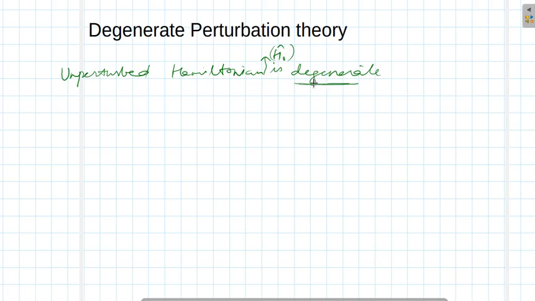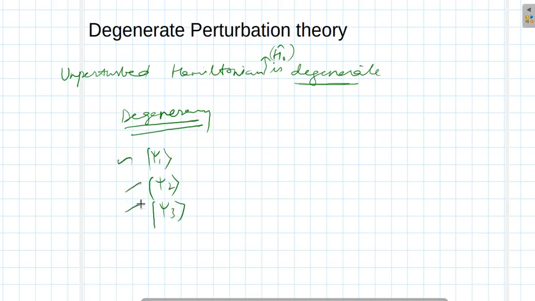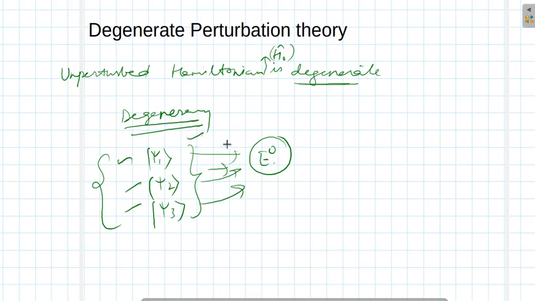What is the meaning of degeneracy? Let me talk about it briefly. Say we have different states psi 1, psi 2, psi 3. If corresponding to these different states, the eigenvalue of energy is the same, say E naught is the eigenvalue of energy corresponding to all these state vectors, then I can say that this is a degenerate state.